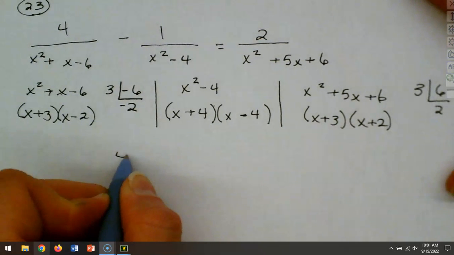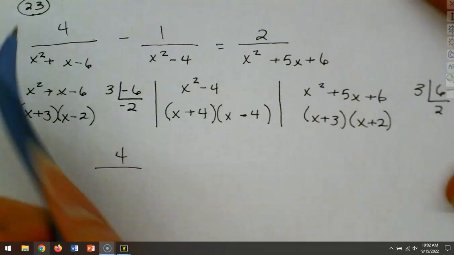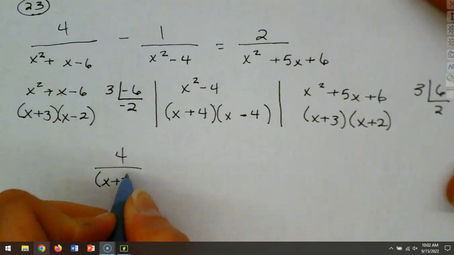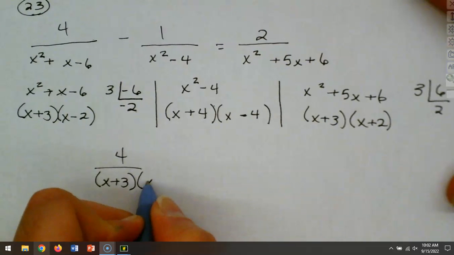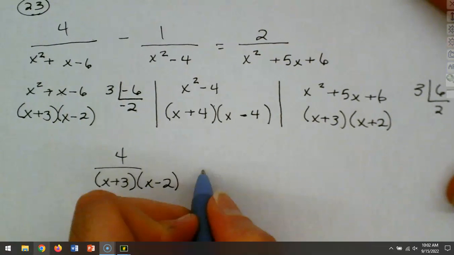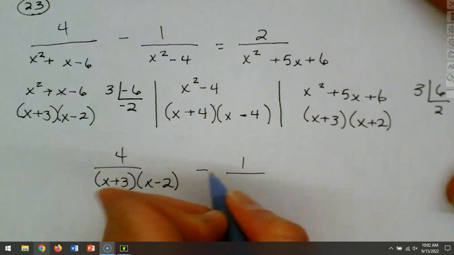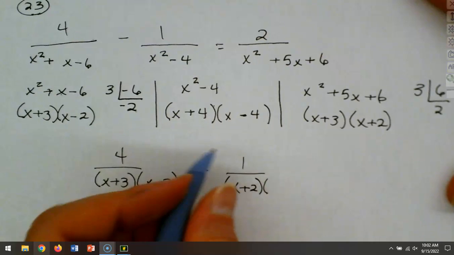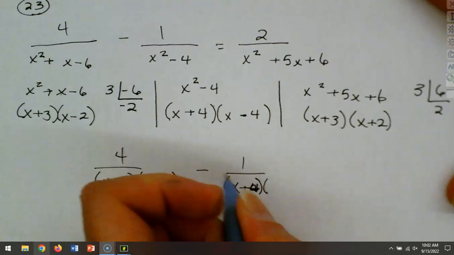So now when I rewrite this, 4 stays the same. This broke down into x plus 3 down below, x minus 2. Then we've got minus 1 over x plus 2. Sorry, my mistake. I wrote a 4 there, but it should be a 2.